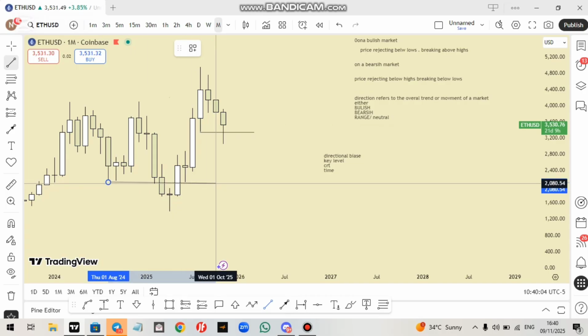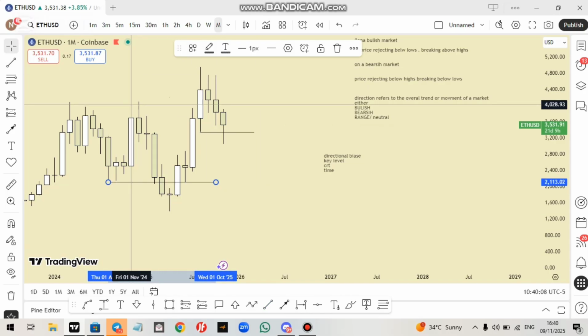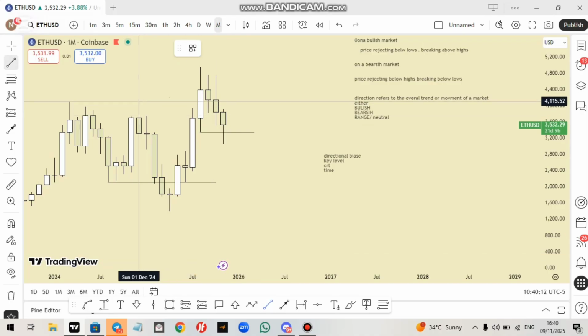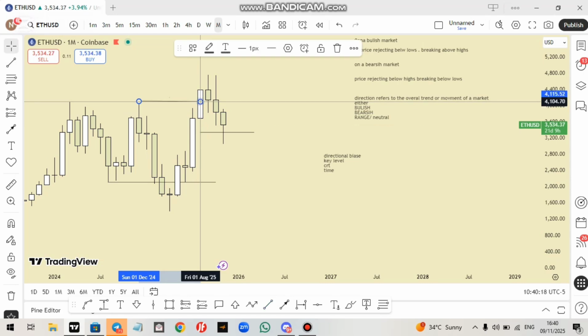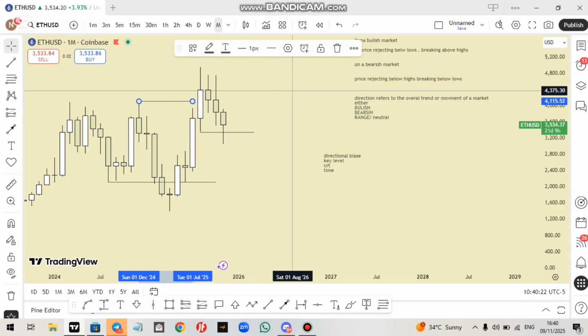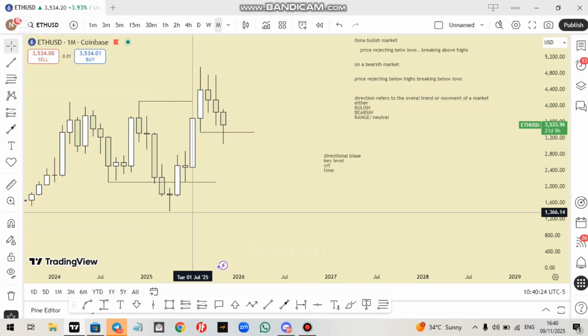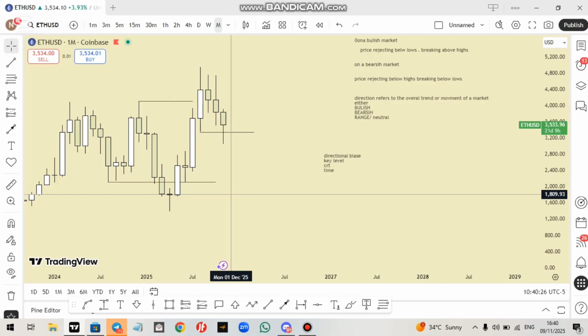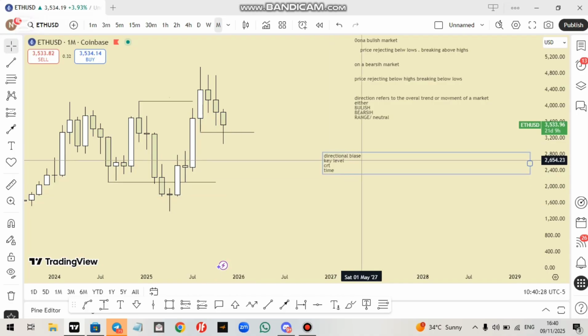Price rejecting below lows, breaking above highs. Look at it clearly. We are bullish on the monthly time frame. So we are rejecting below lows, breaking above highs, so now we are done with the directional bias.